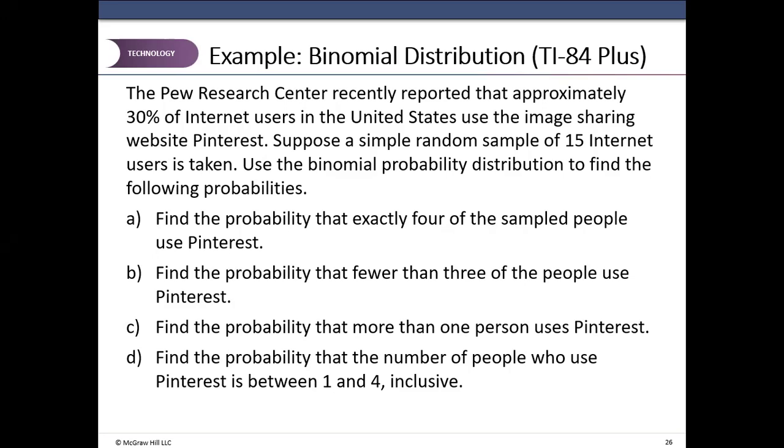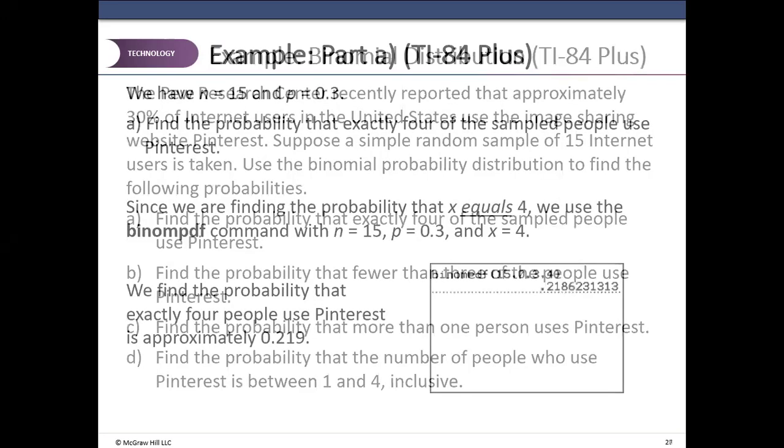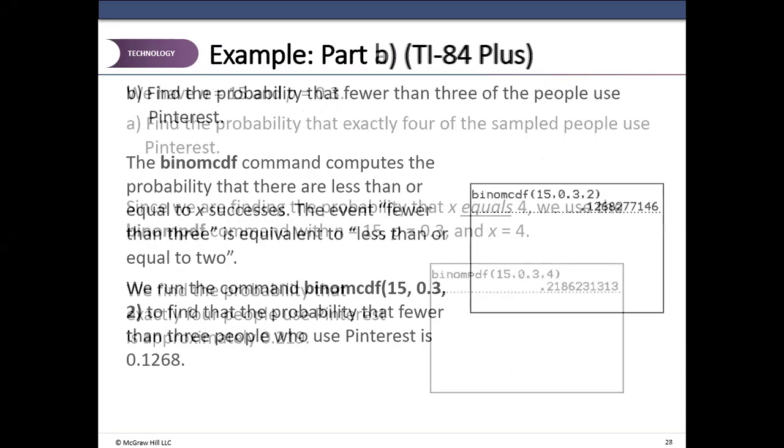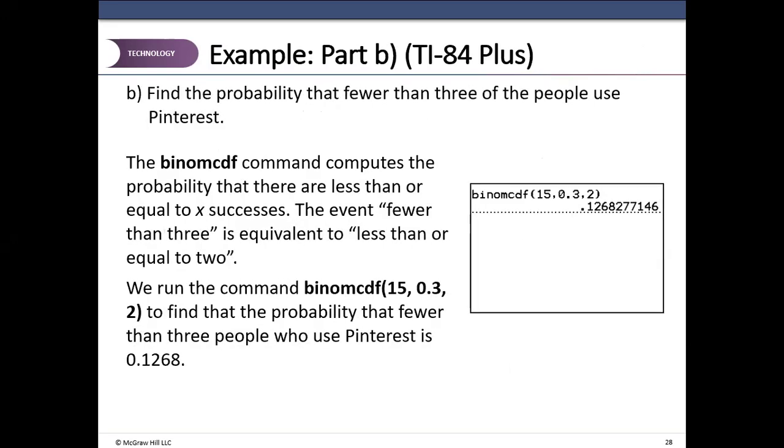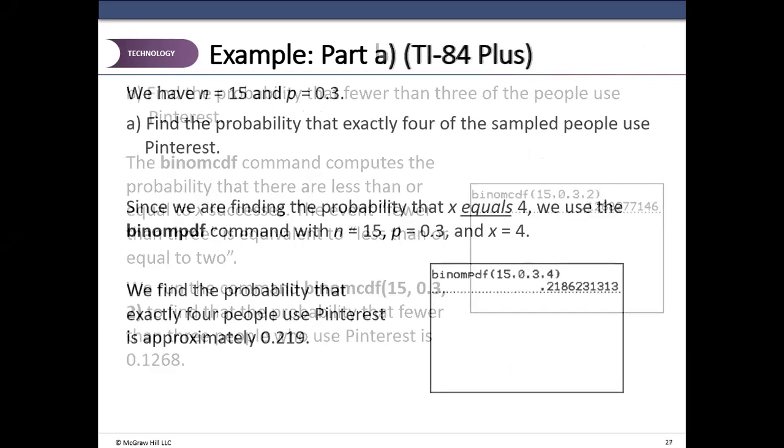The number of trials is 15, the p value is 0.3, and you want fewer than 3, meaning 0, 1, and 2. So the last number you're going to add up to is 2. That will be the X value. 2, paste, enter, and enter. And the answer is 0.1268.